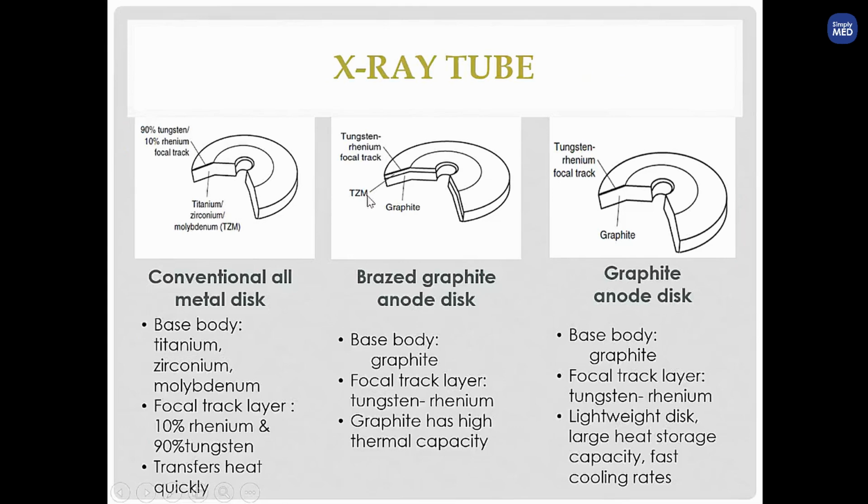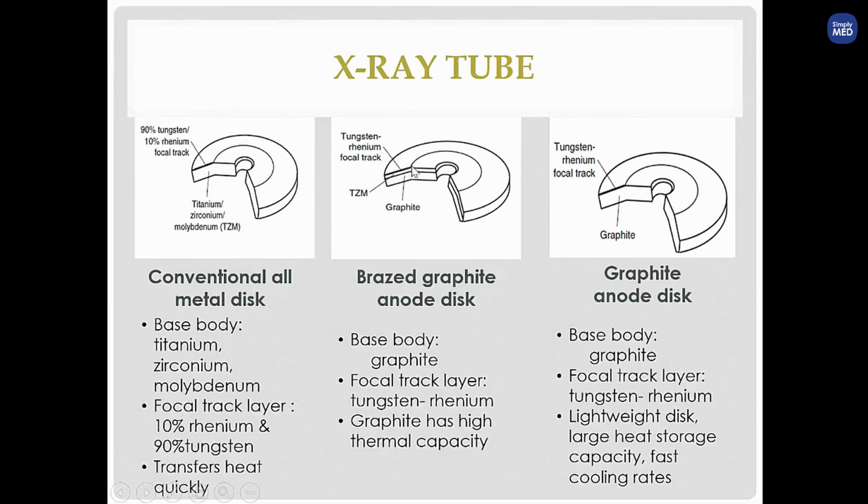Whereas in the brass graphite anode disc, the base body, this part, is made up of graphite, and the focal track layer is made up of tungsten and rhenium. Sorry, this is your focal track, this black color, a little darker.